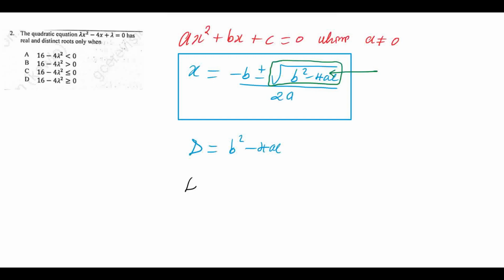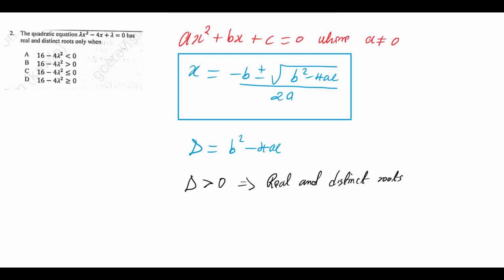So when this discriminant is greater than 0, right, the square root is real, meaning that we will be able to get our solution from this quadratic equation. So when the discriminant is greater than 0, this implies that we'll have real and distinct roots.